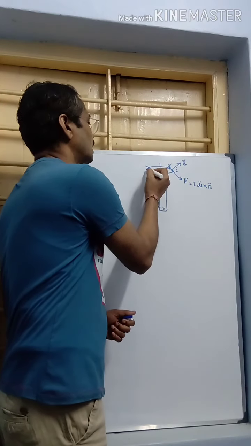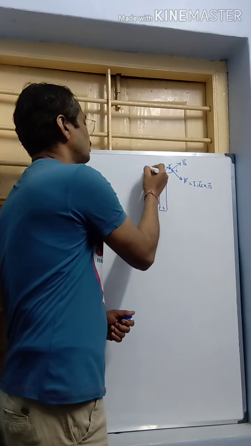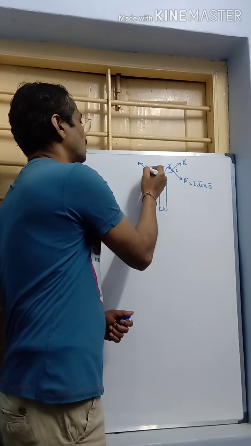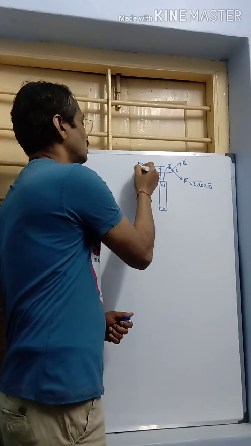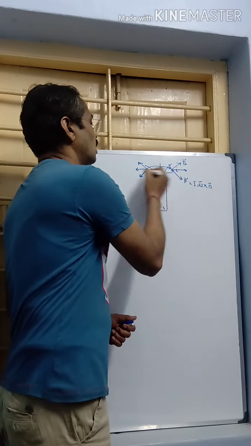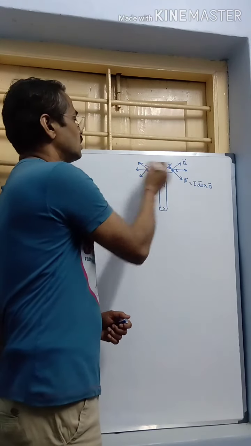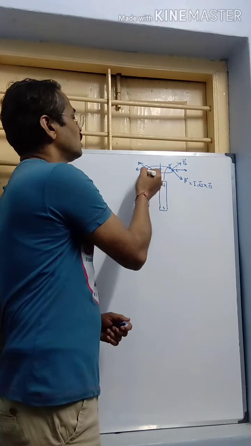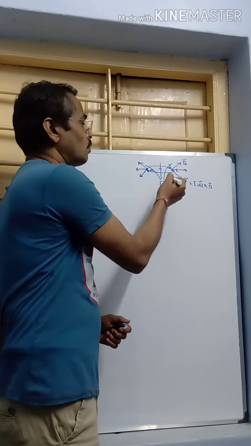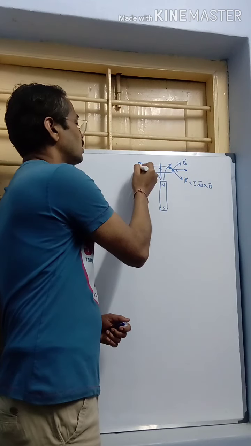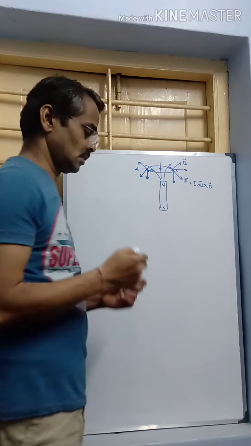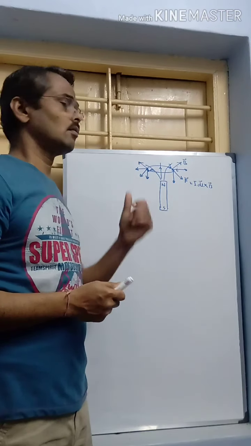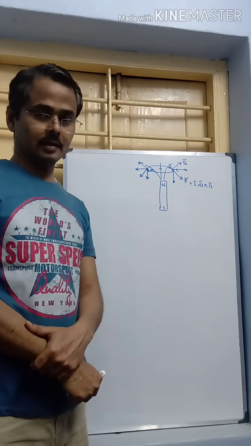Similarly, at the diametrically opposite point, again the B would be along this, the current would be along this, and then the force would be along this. So the component which is perpendicular or parallel to the plane of the loop would cancel out because they are equal and opposite, and there would be a net force of attraction of this particular loop towards the magnet.